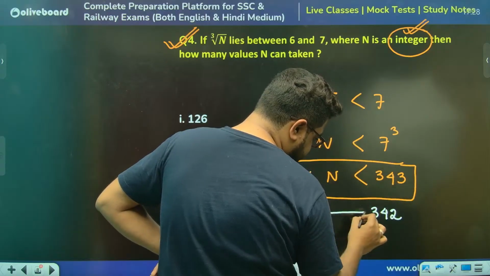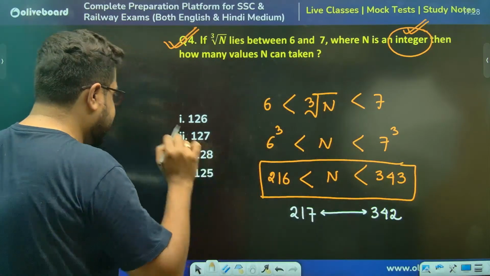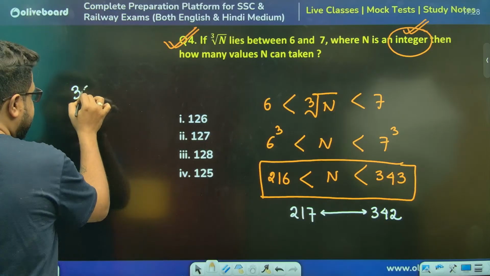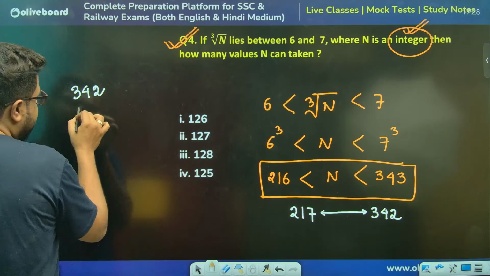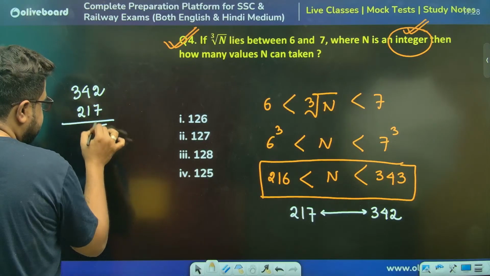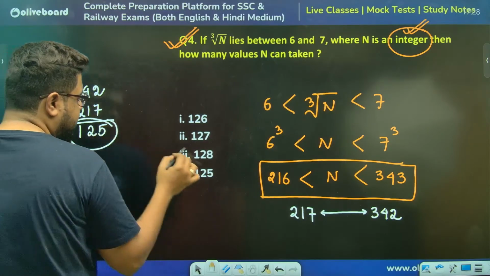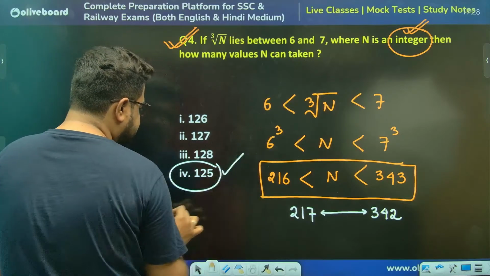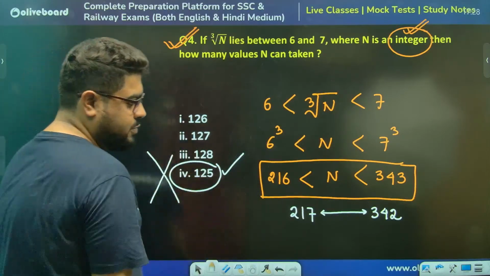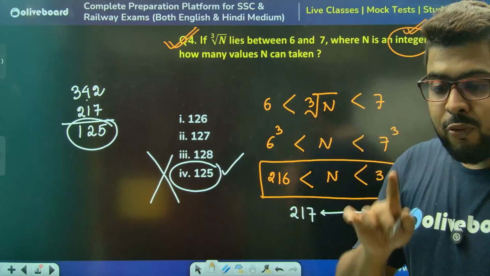So how many values in between? The mistake that everyone makes, they will say, sir, the answer will be 342 minus 217, which is 125. They will mark 125 as the answer, and this will be a big zero. This is tremendously wrong. Why?